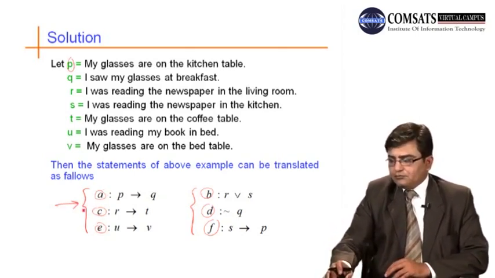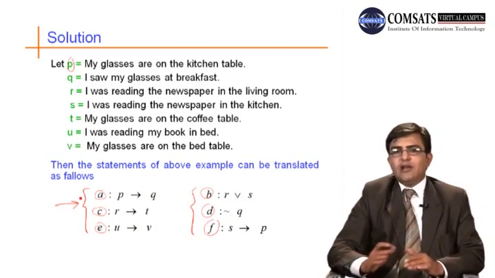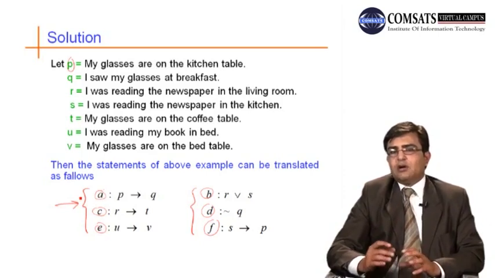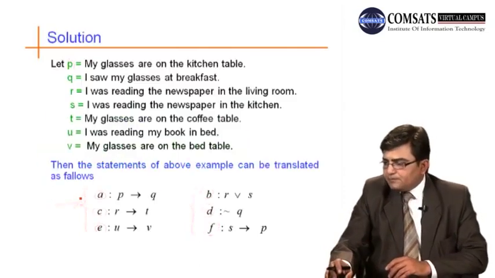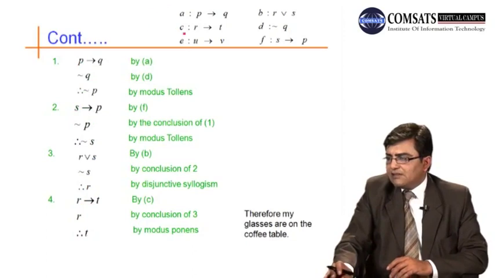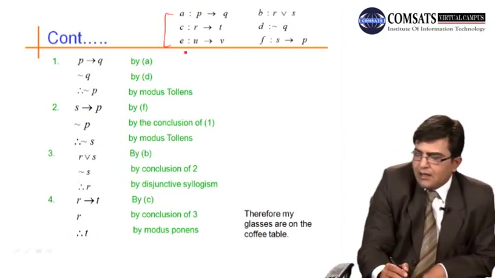Now, how do we connect these premises? We can combine any 2 or 3 or 4 premises to draw a conclusion. For example, here I have written the symbolic notation of the premises again, just to remind.